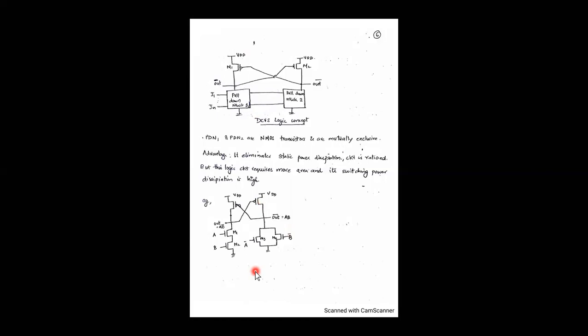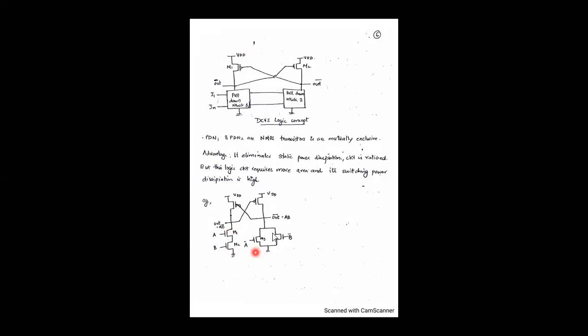AND/NAND gates. See, at this section, you're providing A dot B whole bar. For that, we connect two NMOS transistors in series. Now, when you connect the NMOS transistors in parallel, and you're providing the inputs as A bar and B bar, see, here you're providing A and B, so you're getting A dot B whole bar.